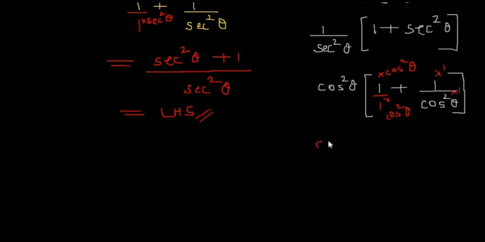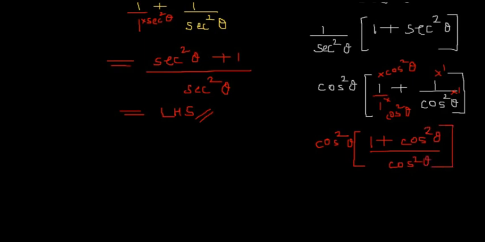So we get cos square theta, and denominators are same now, so the numerators will combine and it will become 1 plus cos square theta over cos square theta, and here we can just cancel off the numerator and the denominator, and you're left with 1 plus cos square theta, which was the RHS.